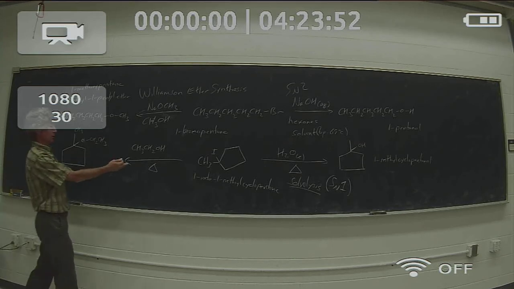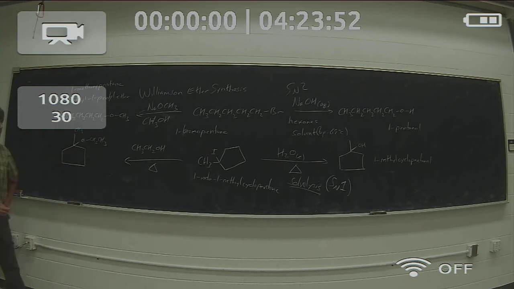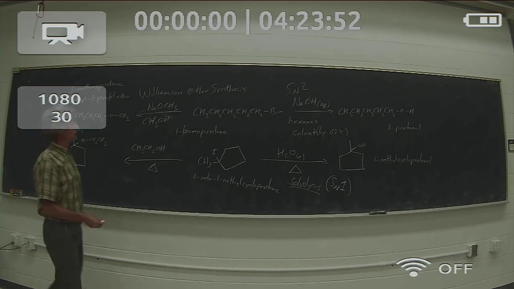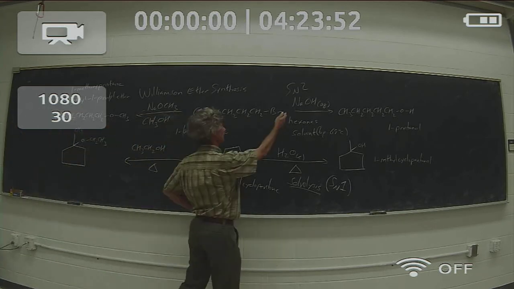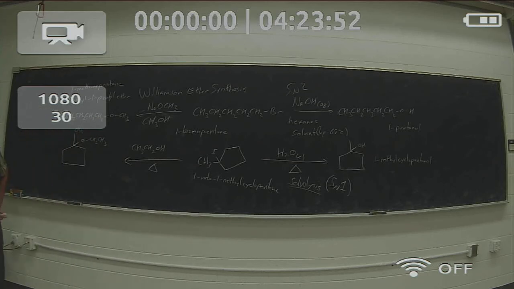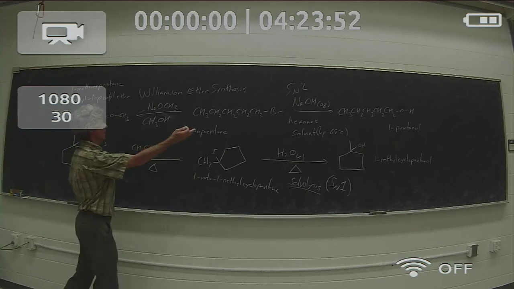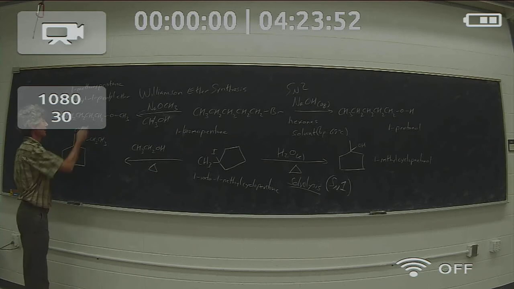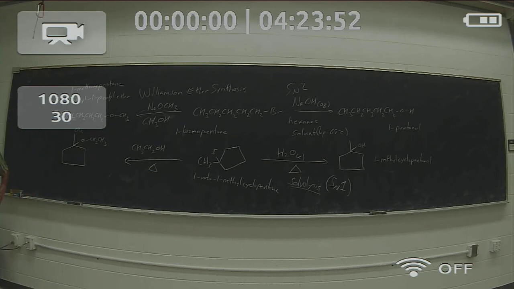So the SN1 solvolysis pathway works for tertiary alkyl halides using either water to form alcohols or an alcohol to form ethers, and the SN2 pathway with a strongly nucleophilic base like hydroxide or an alkoxide on a primary substrate with no beta branching is going to give us a primary alcohol with hydroxide and a primary ether with an alkoxide ion.